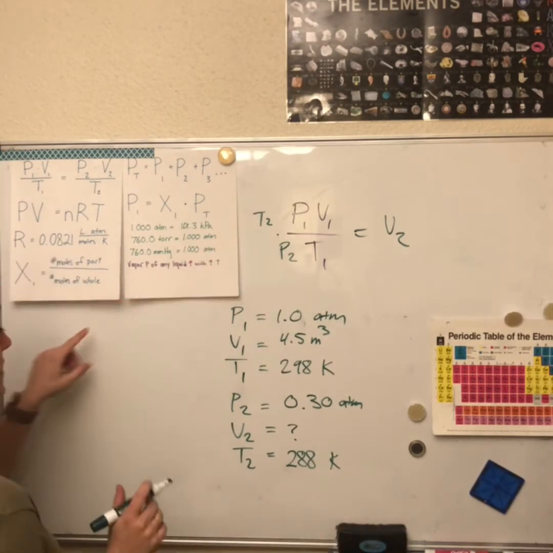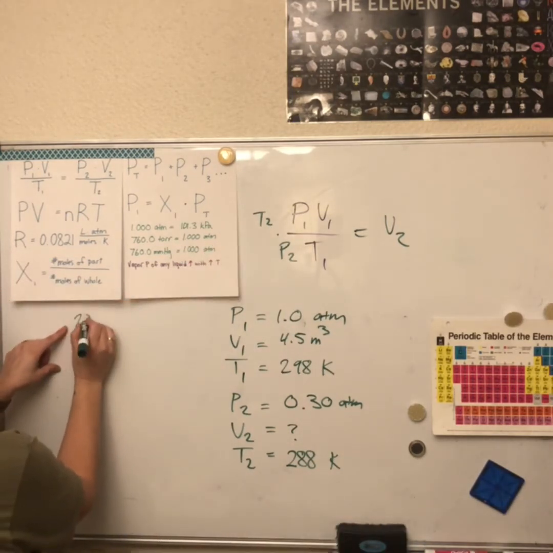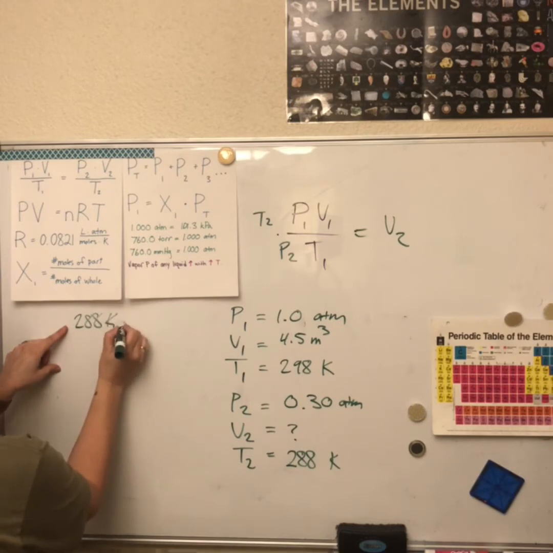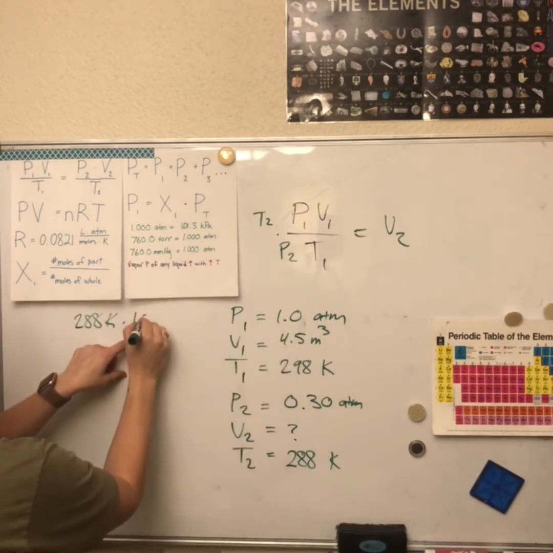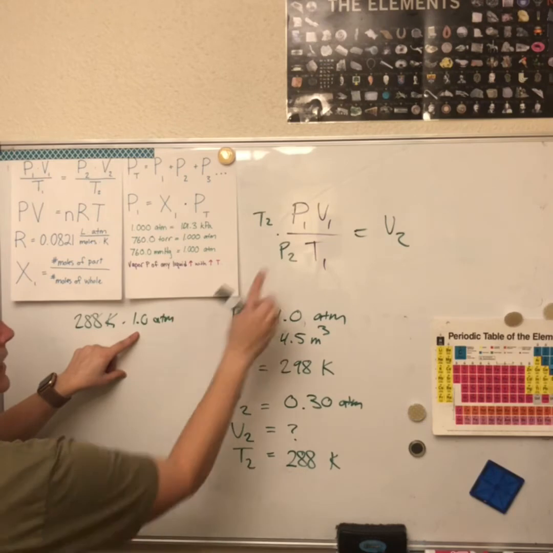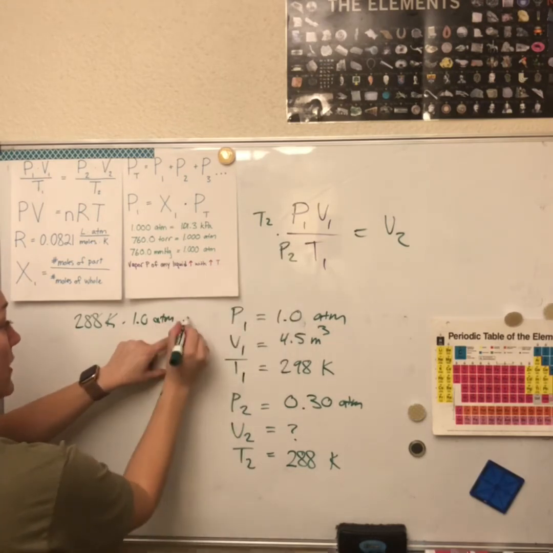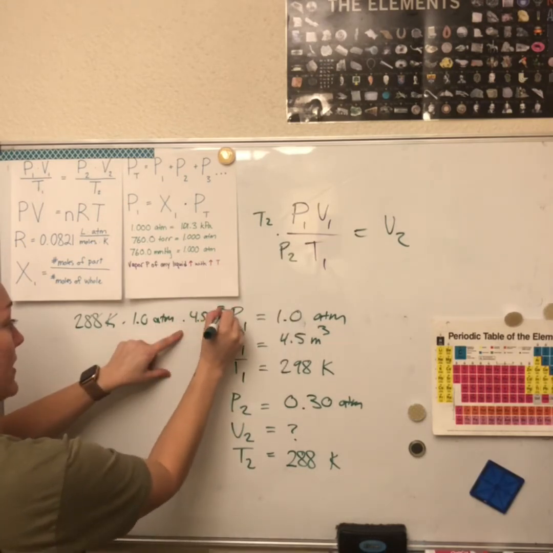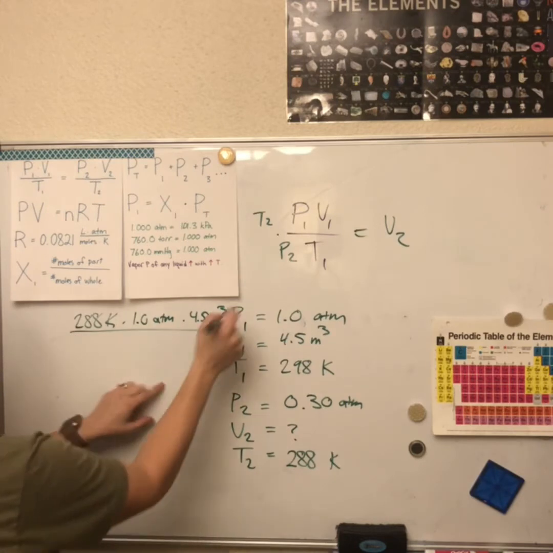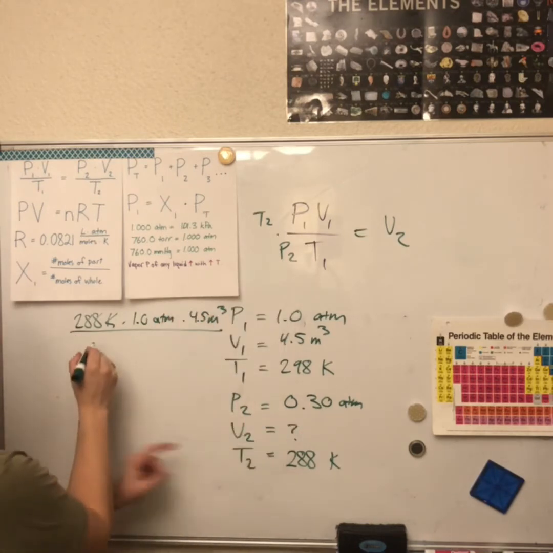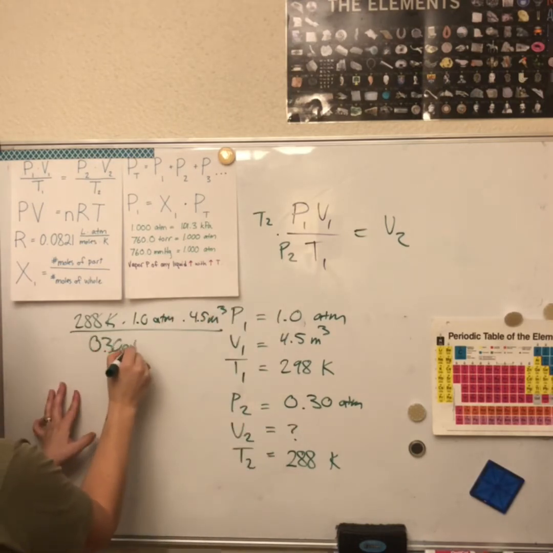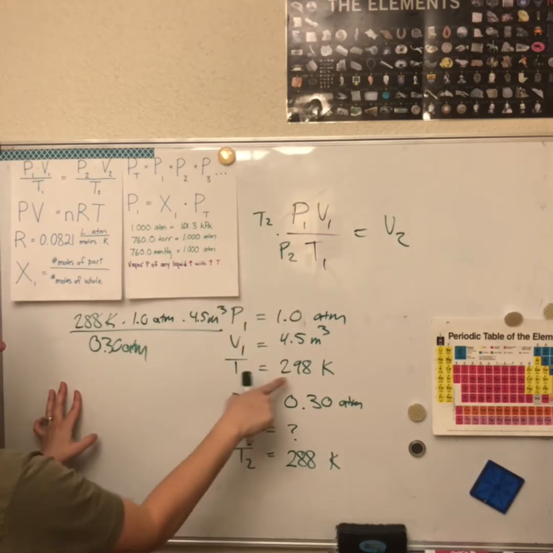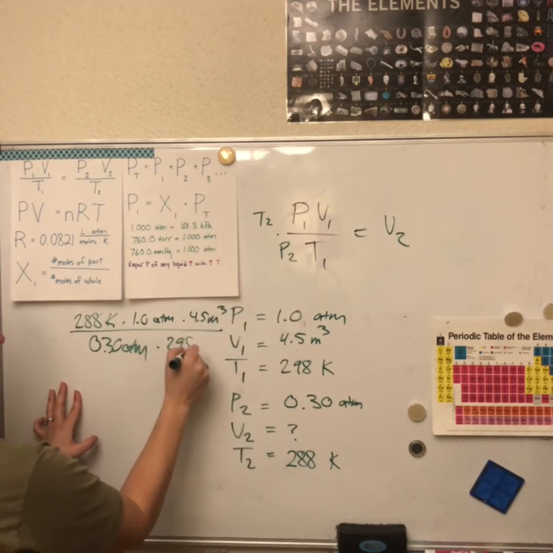I've got 288 Kelvin times 1 atmosphere and 4.5 meters cubed on the top. On the bottom, I've got 0.30 atmosphere and temp 1, 298 Kelvin.